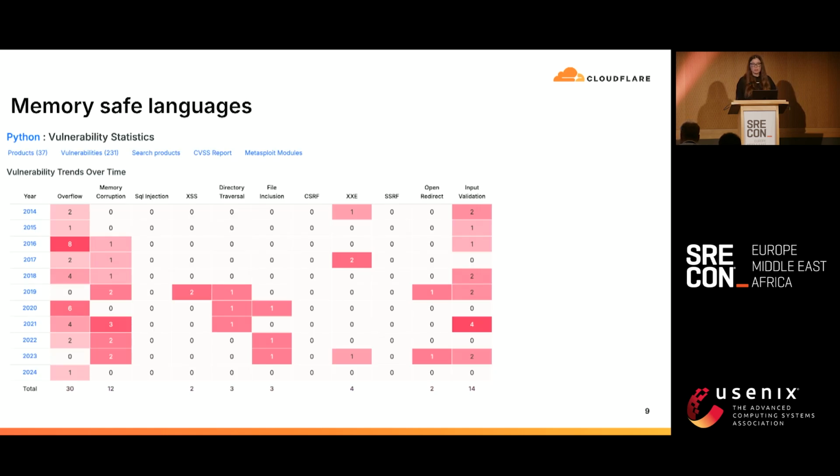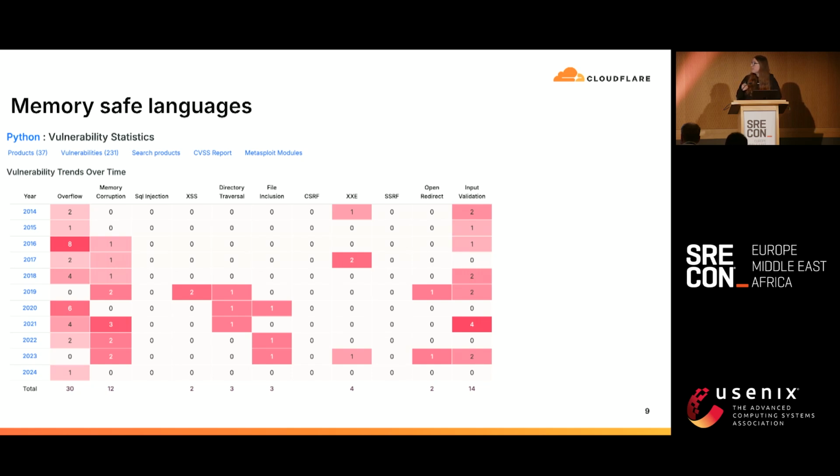So far, we talked about bugs exploited in C code. But what about memory-safe languages like Python, Go, Rust, where the language compiler provides additional checks for the memory boundaries? Look at the statistics. This is the statistic for the Python language.